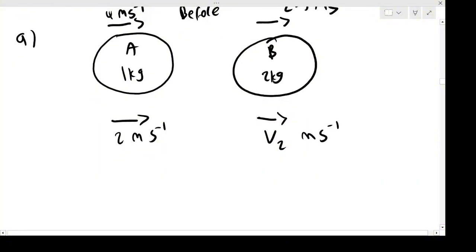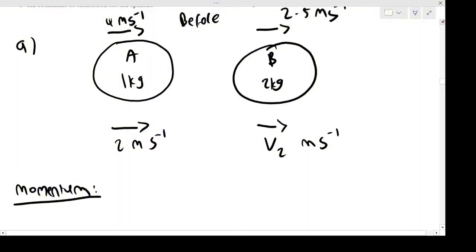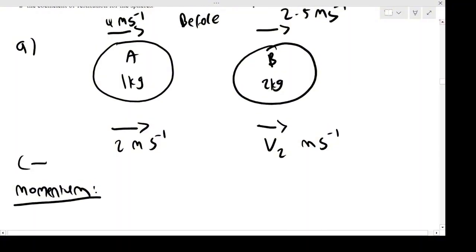So let's apply momentum. Again, we're going to take forwards as positive, but all the speeds are in the forwards direction, so that's quite nice. So everything's positive here. And so for A, the mass is 1 and the initial speed is 4. And then for B, the mass is 2 and the initial speed is 2.5.